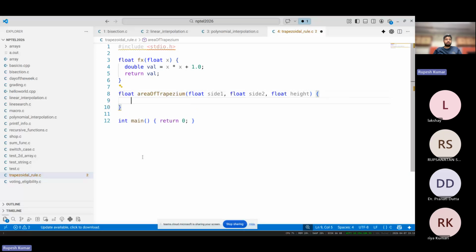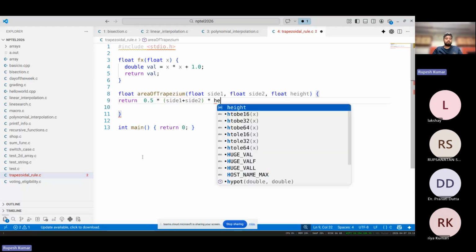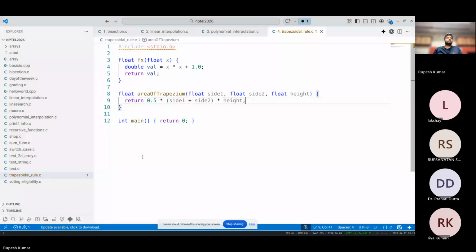Then I can return the area, half into side one plus side two into height. Okay. So this is the function that gives me the area of trapezium.